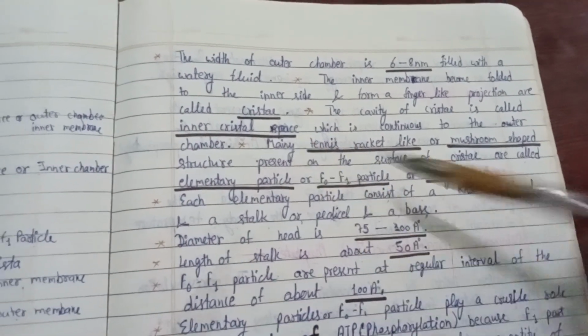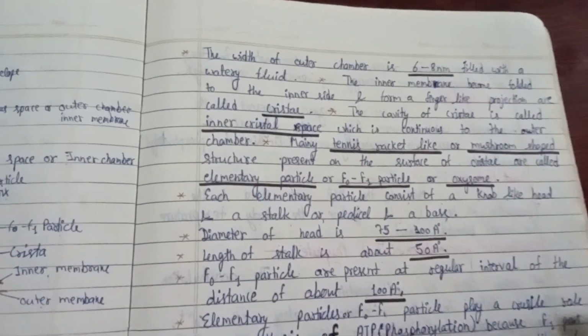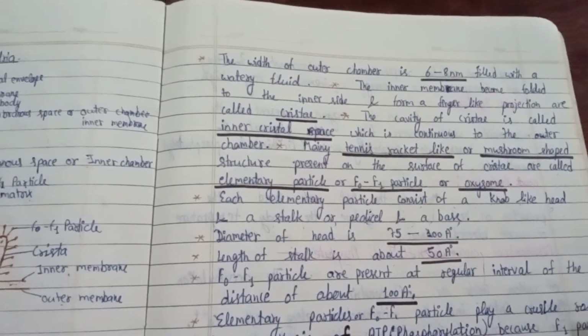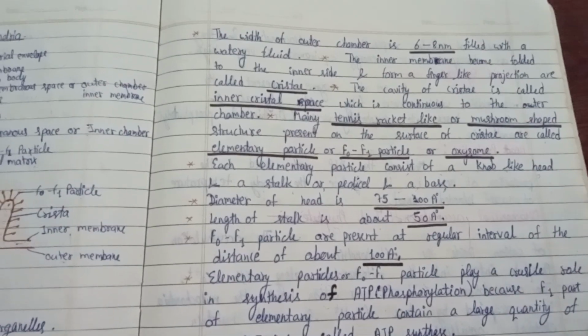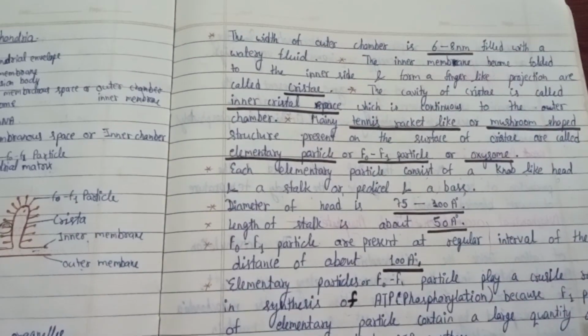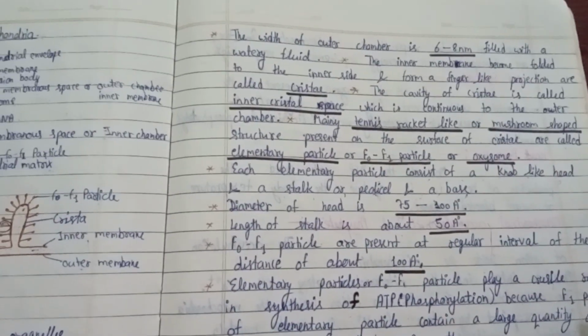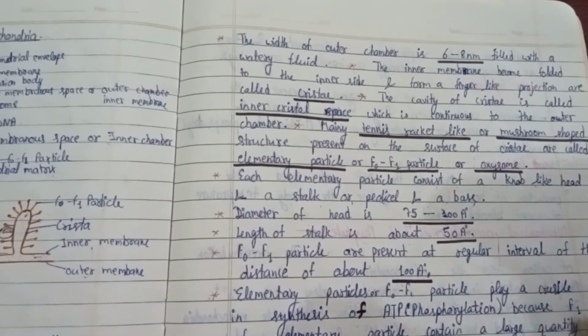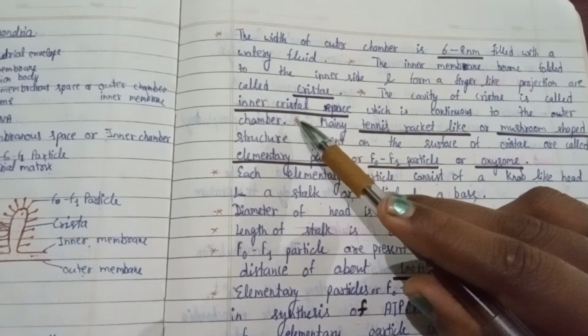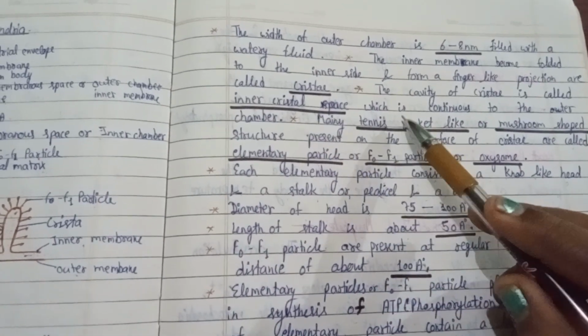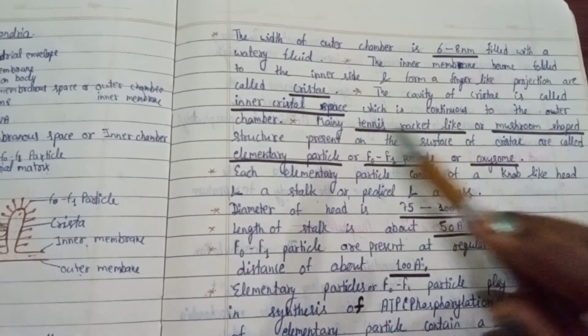The space between the two membranes is called the intermembrane space or outer chamber, and the inner membrane is folded and forms finger-like projections called christae. The cavity of christae is called the inner crystal space, which is continuous with the outer chamber.